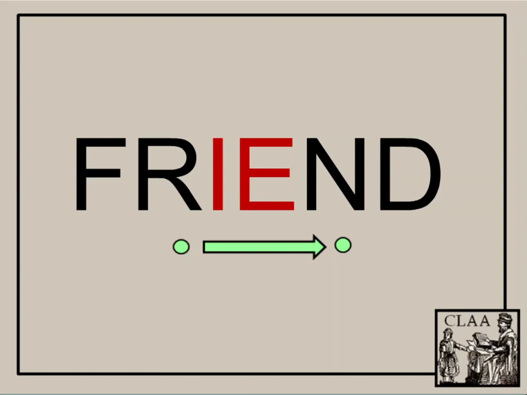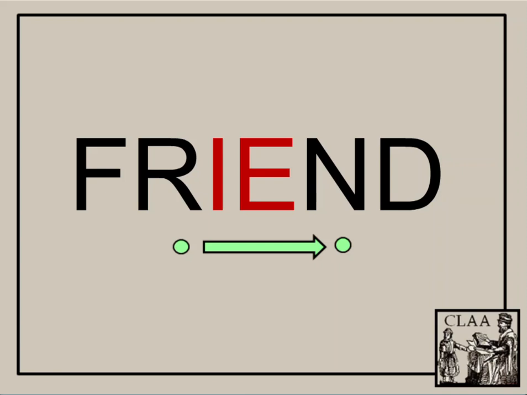Here's another irregular word. When we look at this word, we see the letters I and E together. We might think that this is the digraph IE. If it was the digraph IE, we would read it with the sound E. This word would be read as friend, friend, friend.